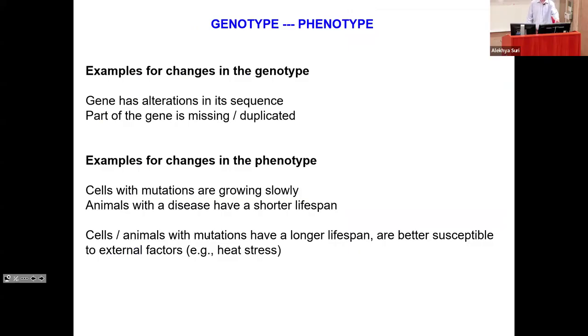Examples for changes in the genotype would be alterations in its sequence; parts could be missing or duplicated. A phenotype would be, for example, cells with mutations growing slowly, or animals with a disease having a shorter lifespan. Also, for example, susceptibility to stress factors, or you name it. So this would be phenotype.